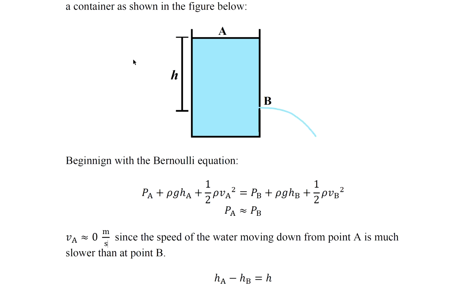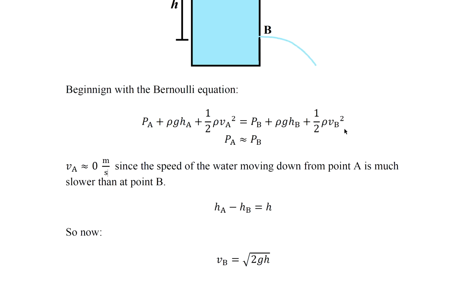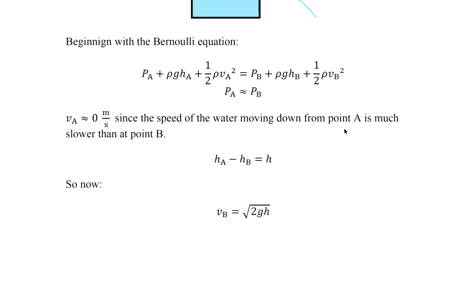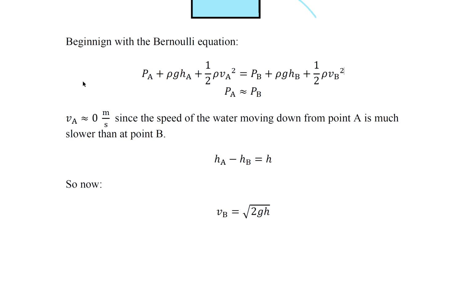V sub A is about 0, since this speed is going to go down much slower compared to B. And H sub A minus H sub B is equal to H. So if we put all of that into here, we could solve for V sub B, square root of 2gH.